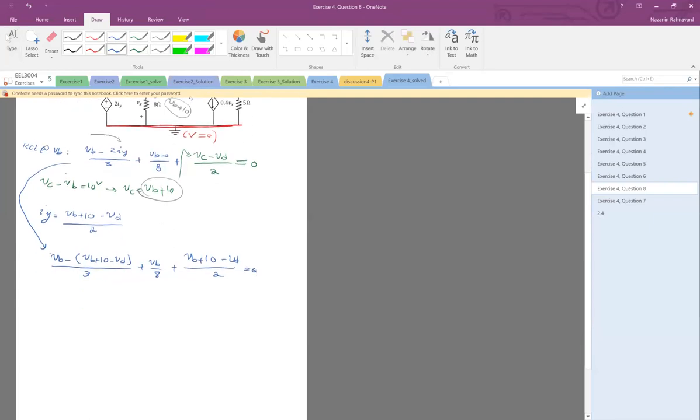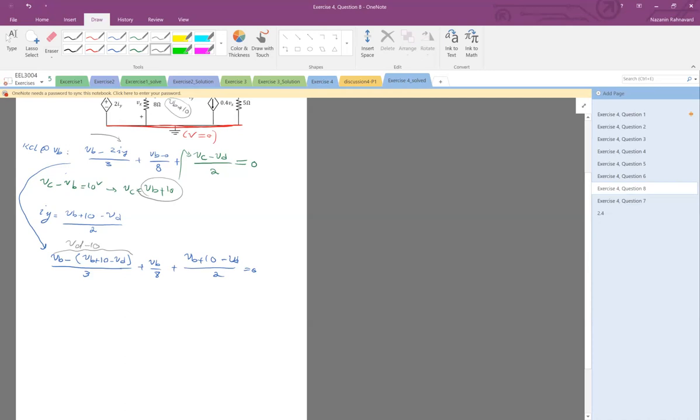Okay, so we can do some simplification. There's a VB here and a negative VB there. They cancel each other. So the numerator becomes, with the negative VB canceled, a minus 10, and then a negative times negative, VD minus 10.